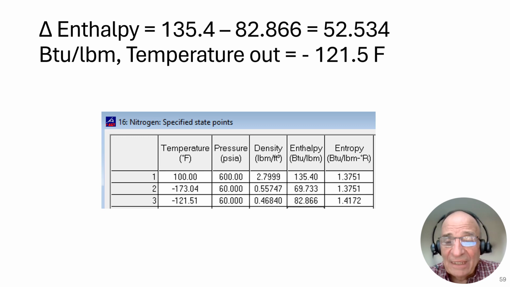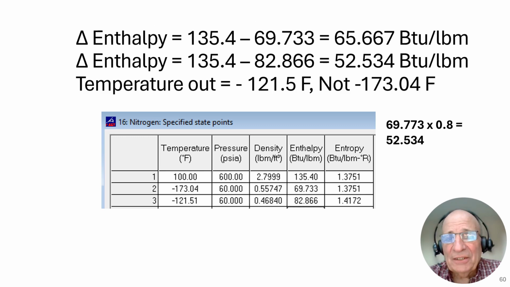And then we take that amount of energy that comes out, subtract it from the enthalpy in, and we get the actual enthalpy out. So you can see what happens here. If this was an ideal adiabatic isentropic compressor, we would drop this enthalpy all the way down to 69. But it's not ideal isentropic, so we drop it down really to only 82.86.